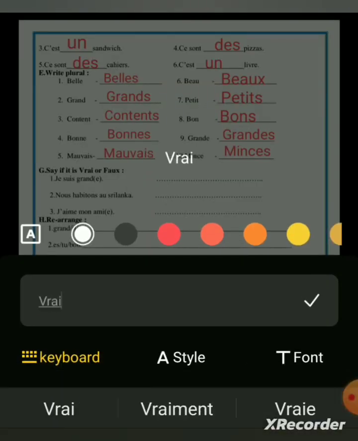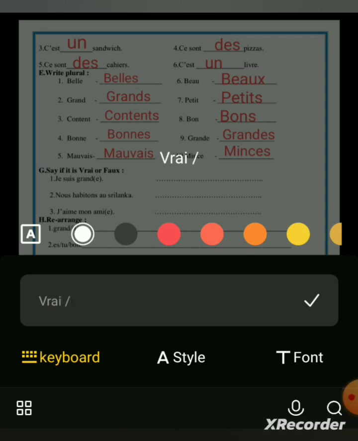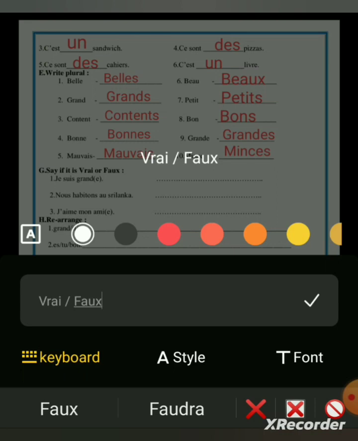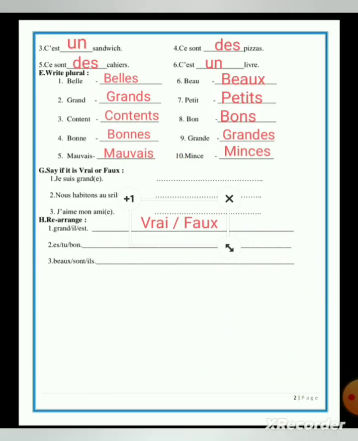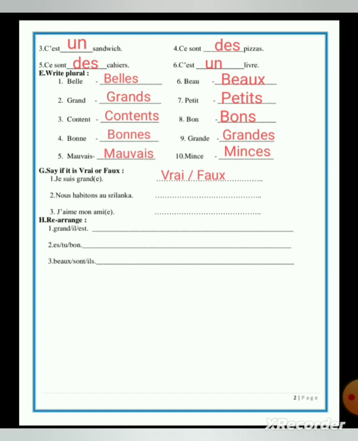So students, it's your choice. You can write vrai, true, and faux also, false. There is no such compulsion that you need to write vrai or faux. If you write vrai, it will be corrected. If you write faux, it will be corrected because it's a journal question. I am tall, right?